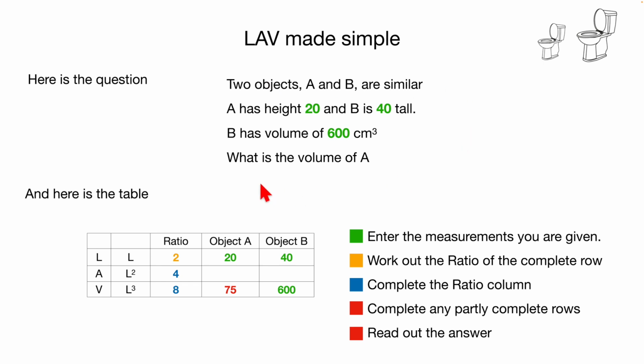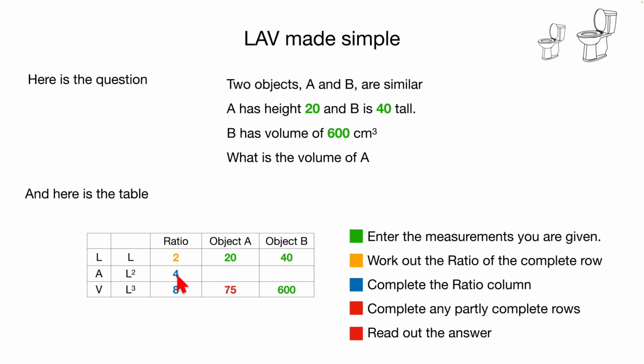And this is my solution. Here's the question, as it was before, and here's the table. Very quickly, LAV, length, area, volume. These are the ratios. It's going to be L, L squared and L cubed. So first thing we do, we enter the measurements we are given. Well, we're told one's 20 and one's 40 high, so that's your length, and you were given the volume here of object B. We can work out quickly that there's a ratio of 2 to 1 on the lengths, so we can work out L squared is going to be 4, L cubed is going to be 8.